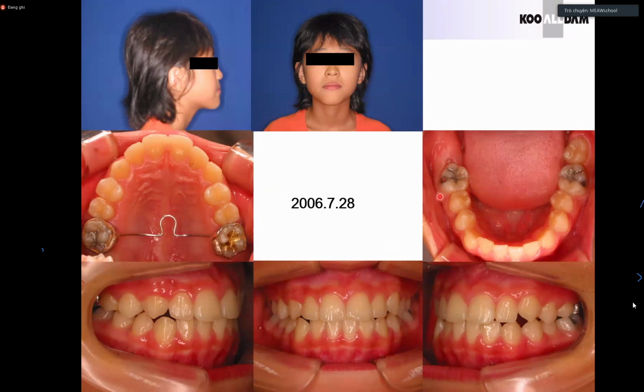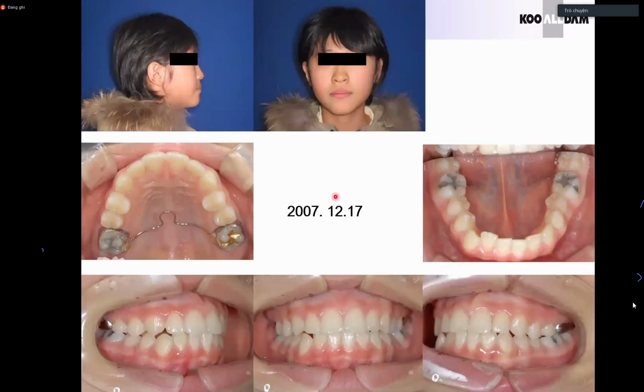So in Myo, we want to erupt the lower second molar. So we are waiting for these teeth. One year later, however, you can see there is no eruption of the upper second molar.